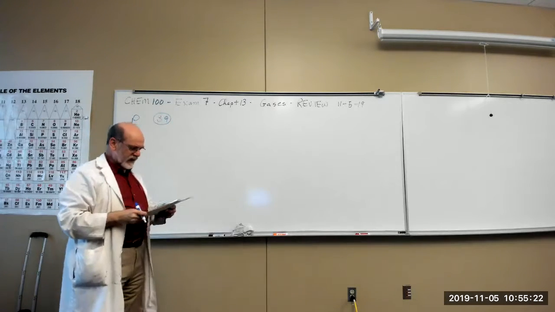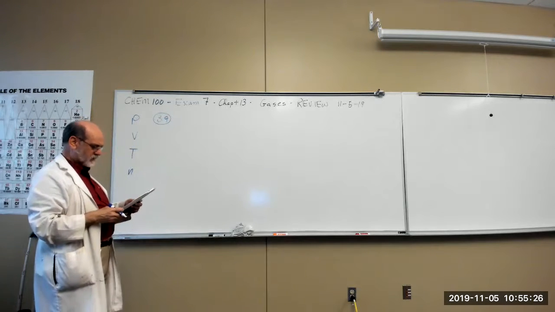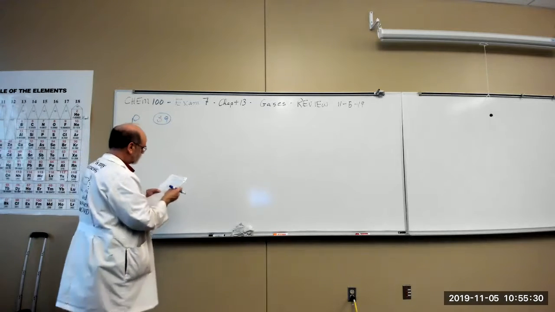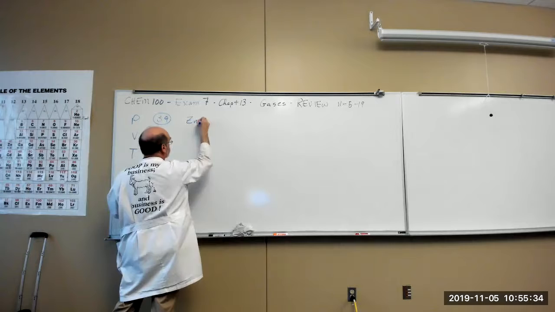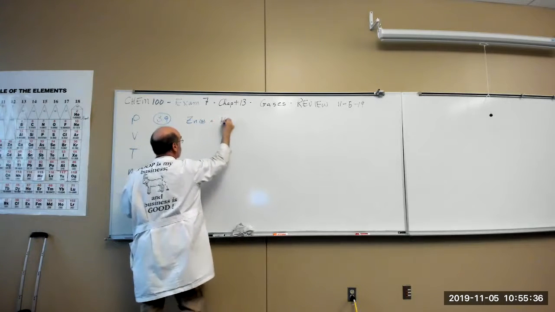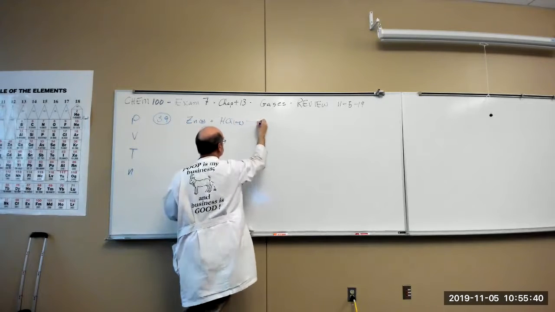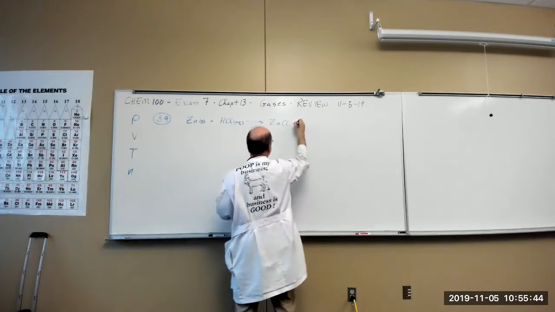Zinc metal is added to hydrochloric acid to generate hydrogen gas, which is collected over a liquid. We'll go ahead and do this one. So zinc metal is reacted with hydrochloric acid to produce this salt.